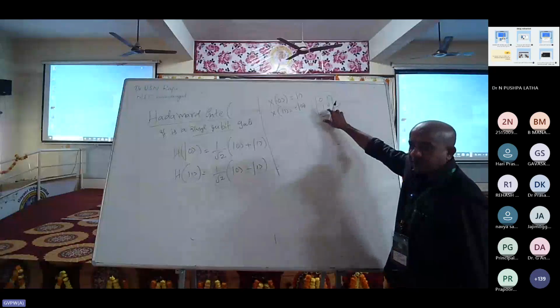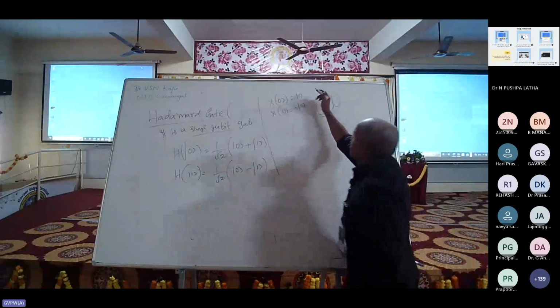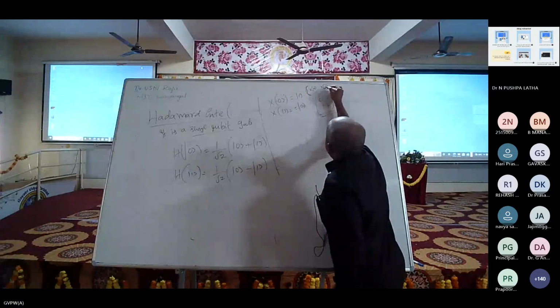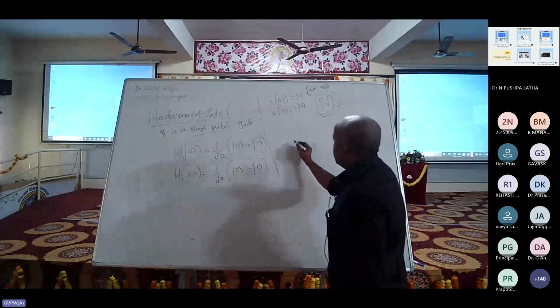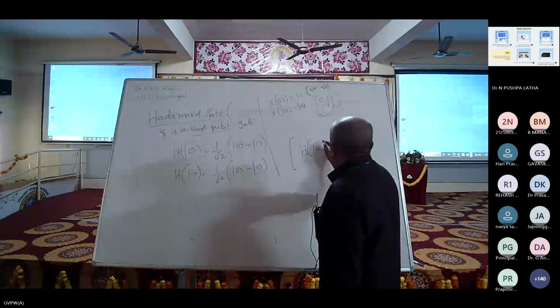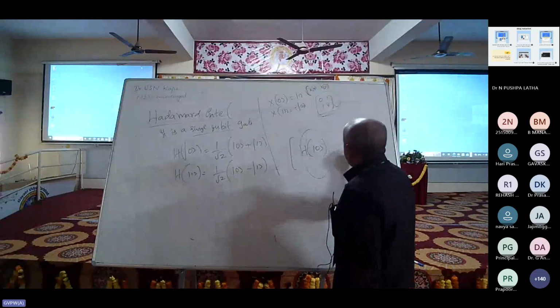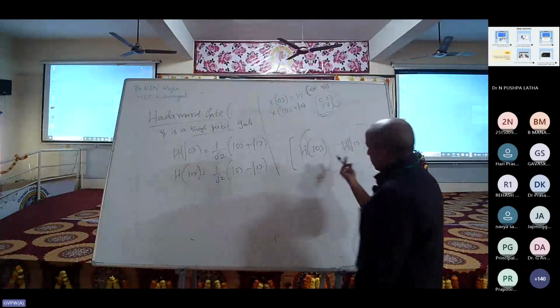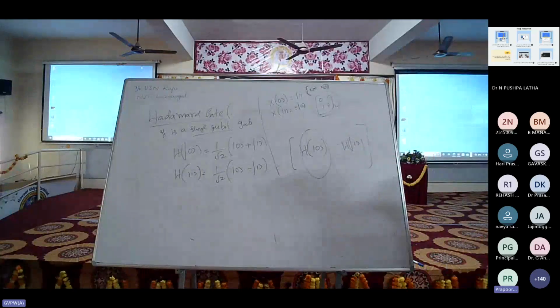How did you get this? By writing the result of X of ket 0 and X of ket 1. Now here also the same thing. How to get the result? H of ket 0 gives you one column and H of ket 1 gives you another column. Then you write and give me that. What is H of 0? Do the simplification and give me all different forms of it.